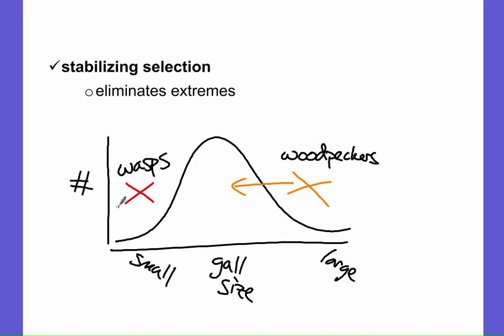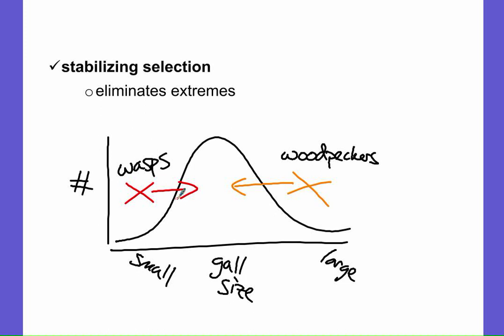They're noticeable enough that there should be some larvae in there for their offspring to survive off of, but they're not so big that they know the woodpeckers are going to get to those. So you have selection from both sides in this case, eliminating the small galls and the larger galls, because those are the offspring for the flies that don't survive. And if they don't survive, they're not going to pass on that trait. You're not going to end up with that size of gall anymore.